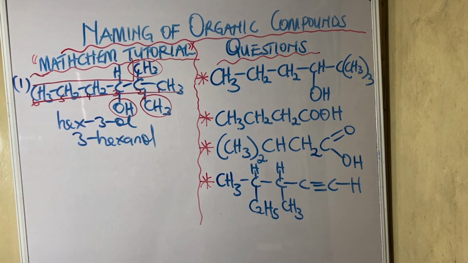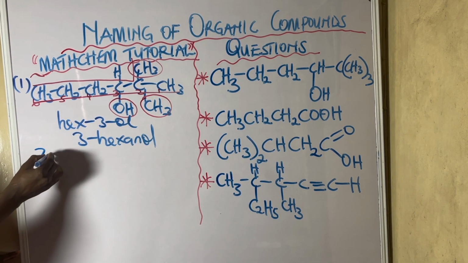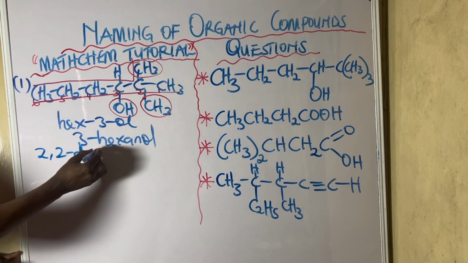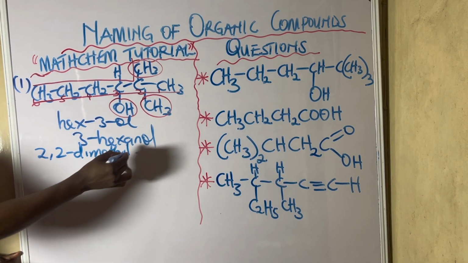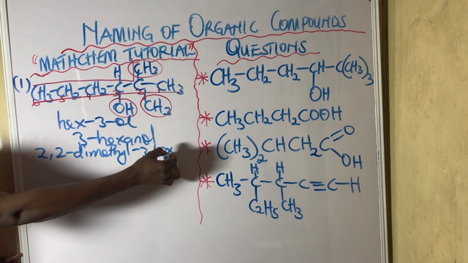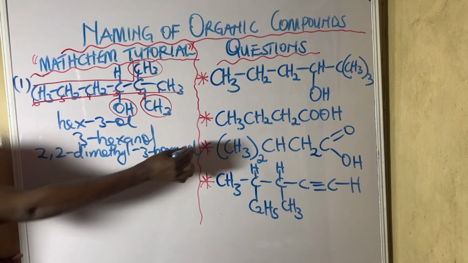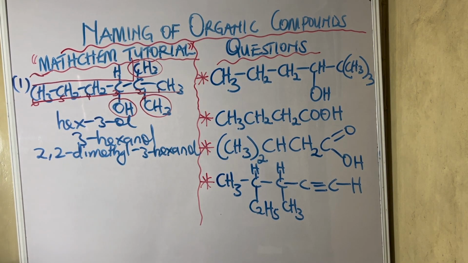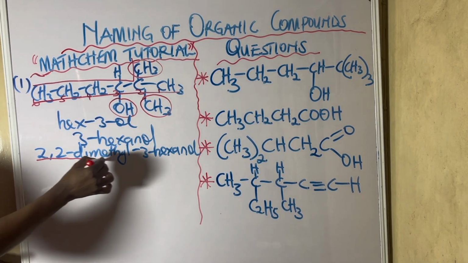So I have 2 methyl groups there, so I'm going to name it as 2,2-di. You are going to use the prefix di, since the substituents are 2. So I have it as 2,2-dimethyl-3-hexanol. So that is the name of this particular compound for number 1.